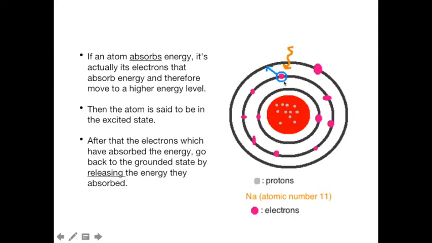So if the photon bumps into this electron, this will have more energy than this energy level, and therefore will be moved to a higher energy level. The atom then would be in an excited state. But will it stay here forever? Of course not. It will fall back down to its position by emitting radiation of the same level that it absorbed.